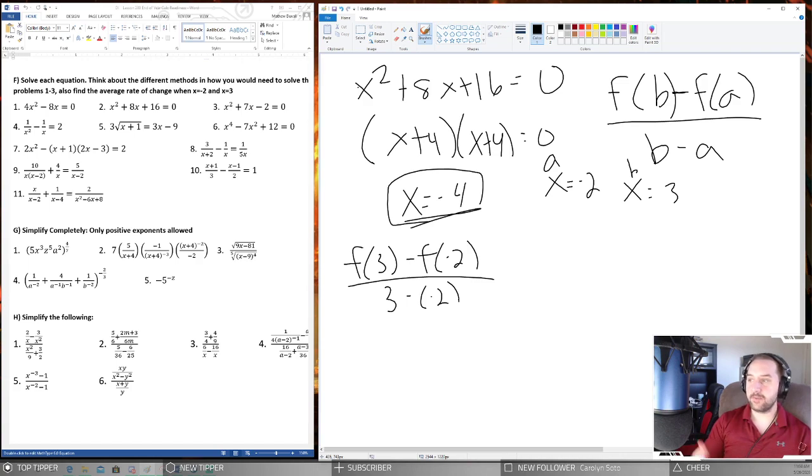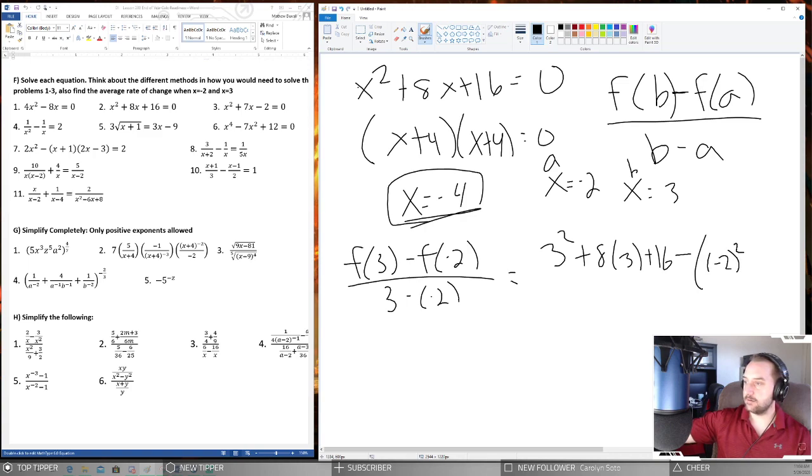What is my function with 3 plugged in? So you'd plug in 3: 3 squared plus 8 times 3 plus 16, minus my function with negative 2 plugged in: negative 2 squared plus 8 times negative 2 plus 16, all over 3 plus 2, because it's minus negative 2. And you just got to simplify that. Make sure you do everything in this parenthesis first, because you're going to distribute that negative.